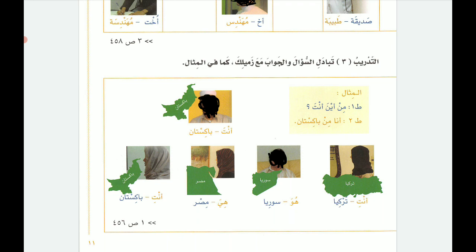All right, we'll go in pairs. We'll go through quickly. You two read for us the first one. من أين أنت؟ Yeah, the first one at the bottom. Which one? من أين أنت؟ أنا من تركيا. تركيا. Next two. من أين هو؟ هو من سوريا. You too? من أين هي؟ Where's she from?